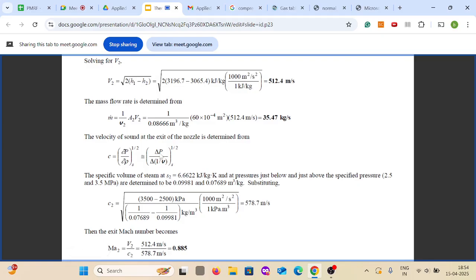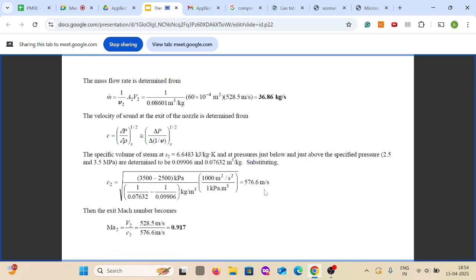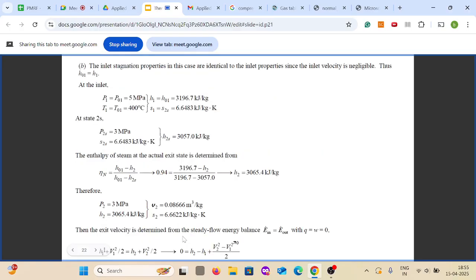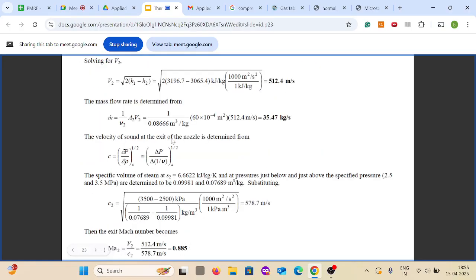This comes out to be C2 of 578.7 meters per second. In the previous case we got 576.6, and now we have got 578.7 meters per second. So the exit Mach number now becomes 0.885. Previously we got 0.917. So with the nozzle efficiency reduced, the Mach number is 0.885.